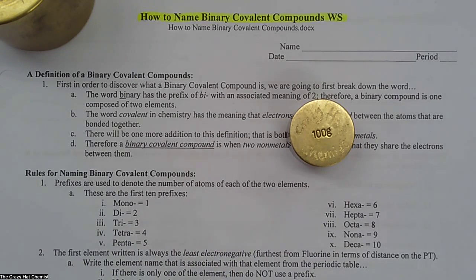You can do more than 10, but for this class I'm just focusing on a brief introduction of binary covalent compounds in an entry-level general chemistry course. Mono is for one, di for two, tri for three, tetra for four, penta for five, hexa for six, hepta for seven, octa for eight, nona for nine, deca for 10.